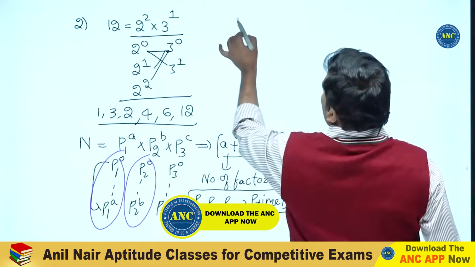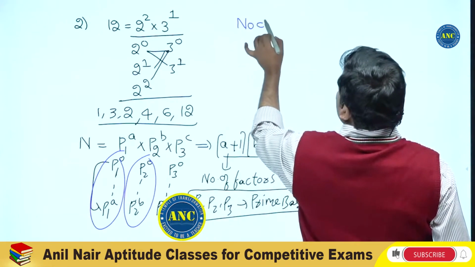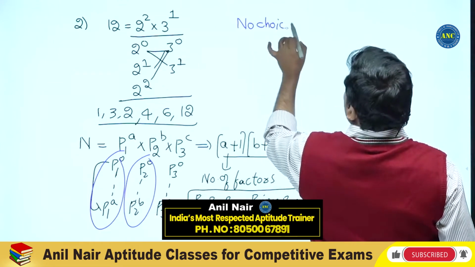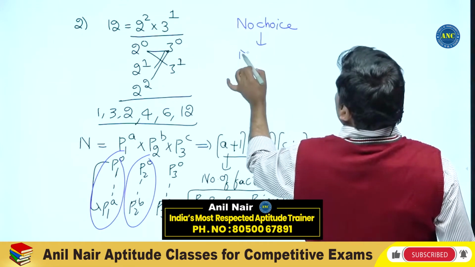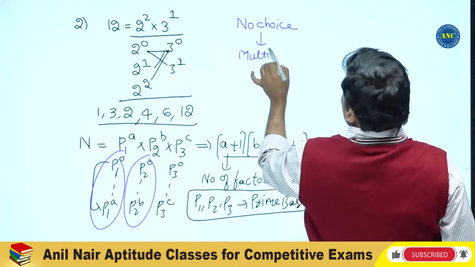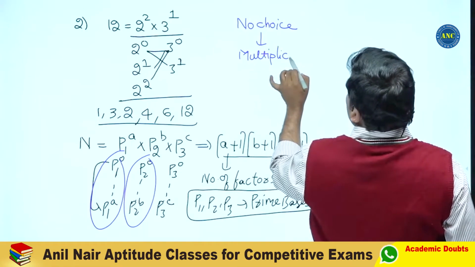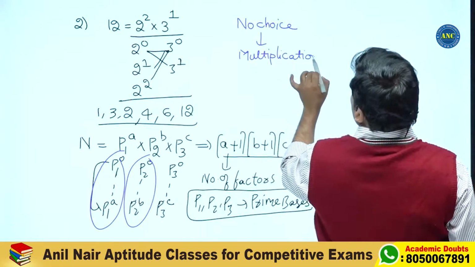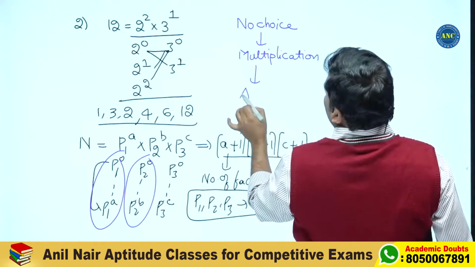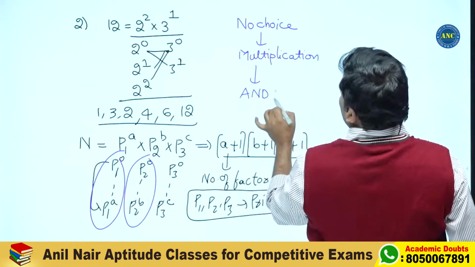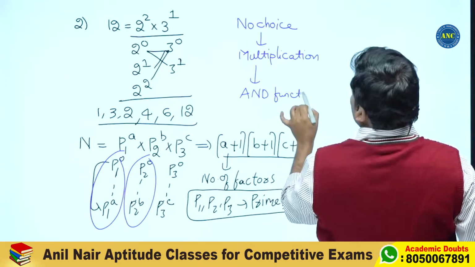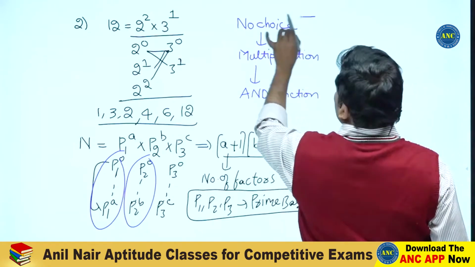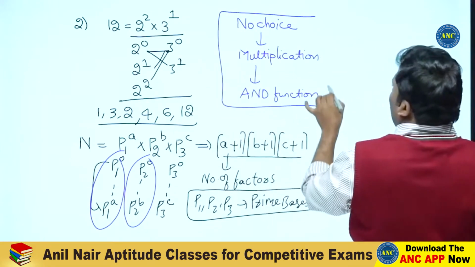Now see here, whenever there is no choice, it is multiplication. Whenever it is an AND function, whenever there is no choice, we have to use multiplication.